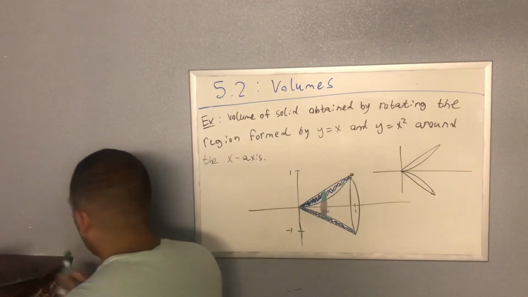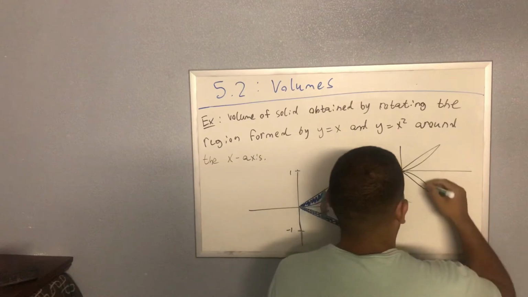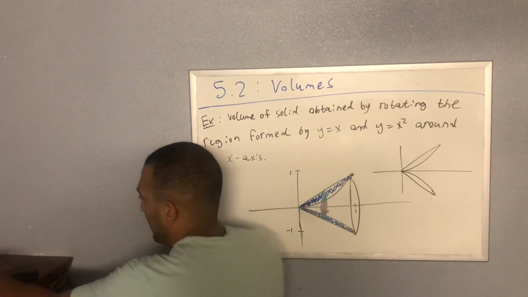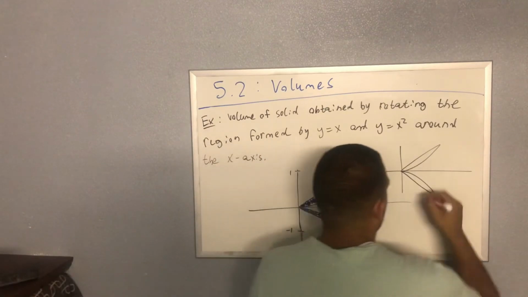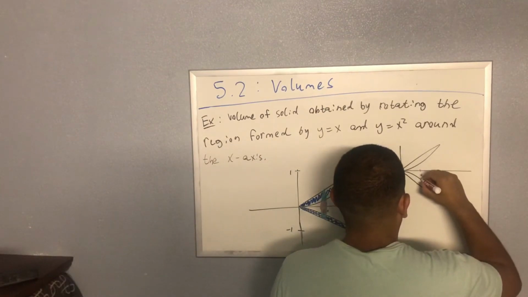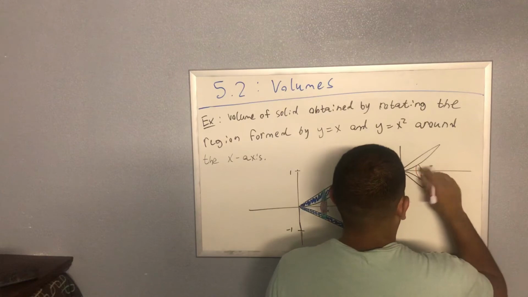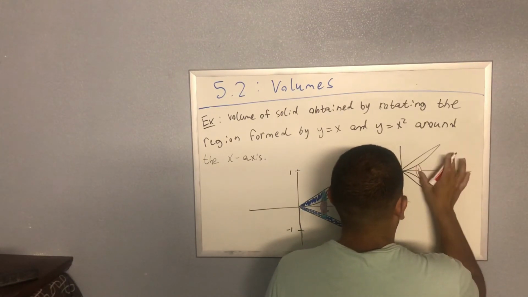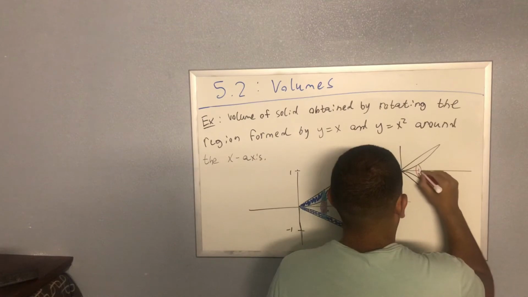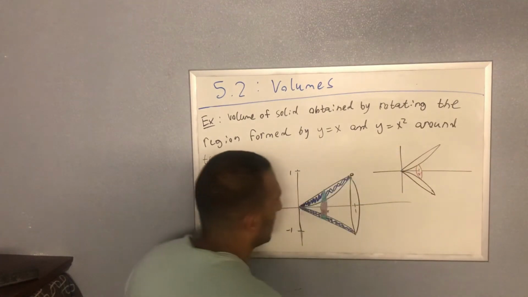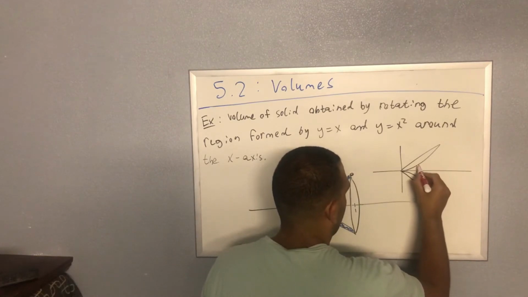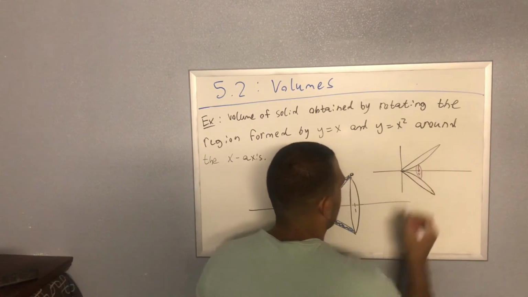Then notice the circle in red, the smaller circle, X here. This smaller circle here, what's its radius? Its radius is going to be from here to here, right? From this point to there.